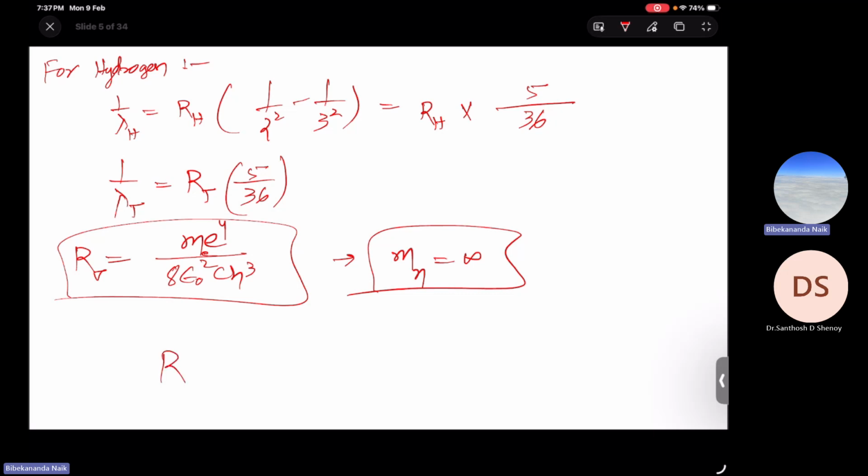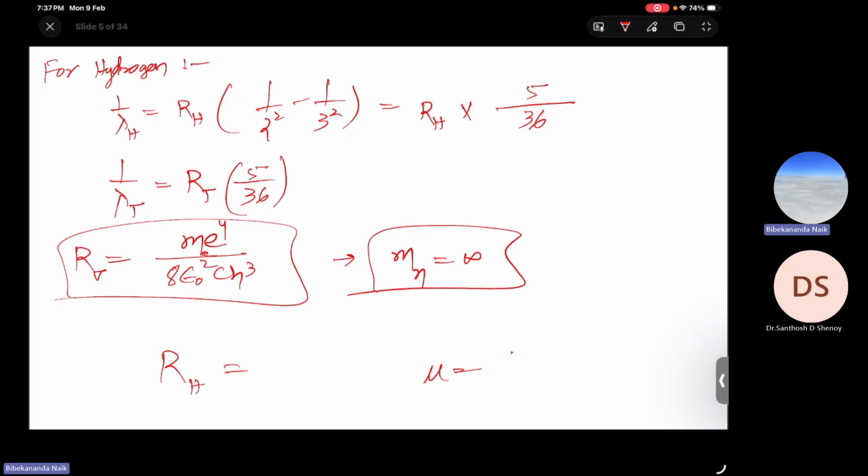So for finite mass of nucleus, suppose for hydrogen, what will be the expression for RH? So in that case, there will be mu.